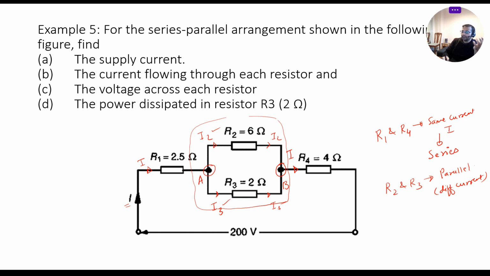Again, in this question, we have to find the supply current, the current flowing through each resistor, and the voltage across each resistor. And also we have to calculate the power dissipated across R3. To calculate the supply current, we need to find the equivalent resistance.